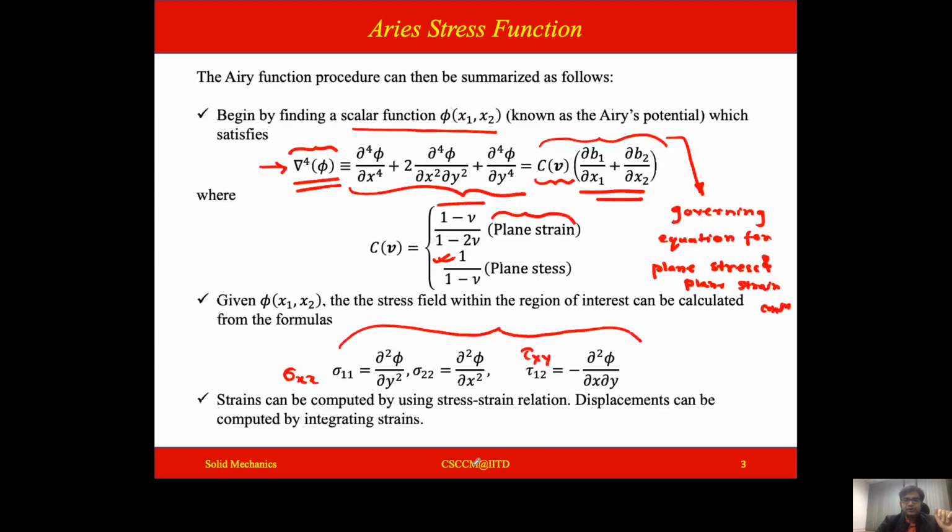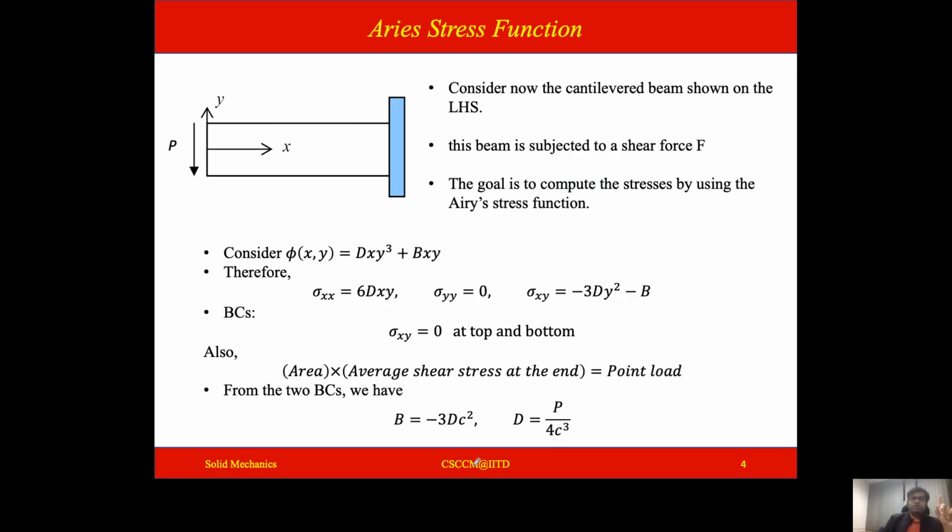So now what we will do is we are going to solve one problem, which is a cantilever problem, and that problem is shown here. So we now consider a cantilever beam, and this we are going to assume as our function, right? So let us start. So let me check first the coordinate axis.